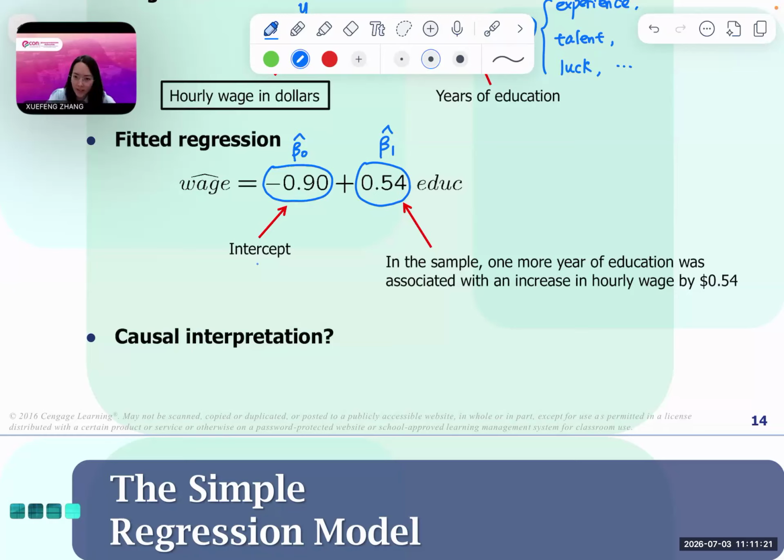The intercept is just a math anchor for the line, okay? It means where the line should start. We never actually have people with 0 years of education in this sample. So don't interpret it literally.